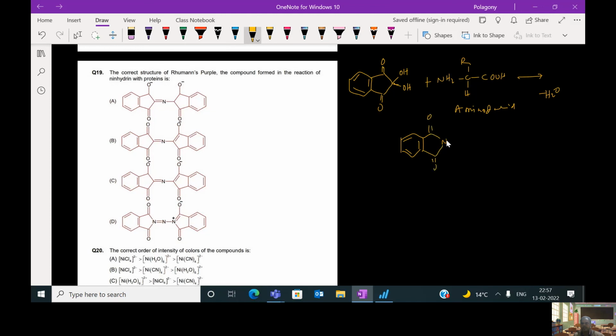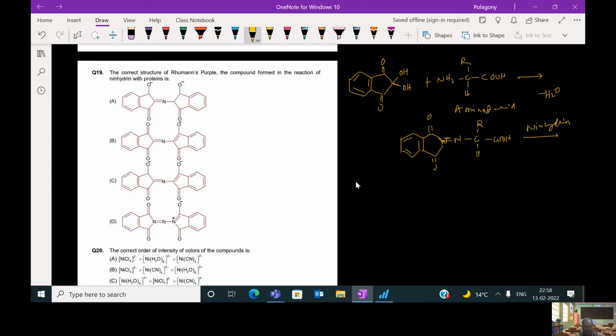Here this carbon is connected to nitrogen with a double bond. Then COOH, again in the presence of one more ninhydrin.